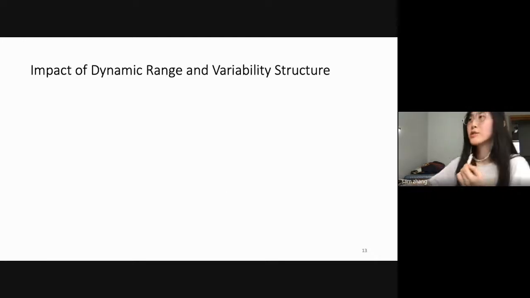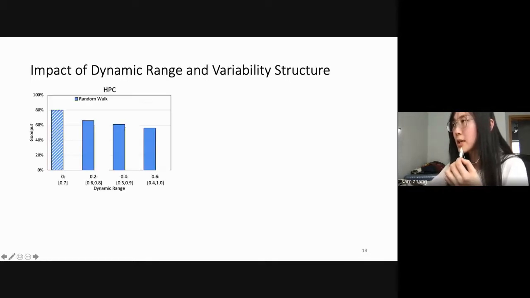Now, if we want to understand specific dimensions of the variability structure, we look at dynamic range and variability structure separately. First, this is goodput measurement taken from the HPC workload.